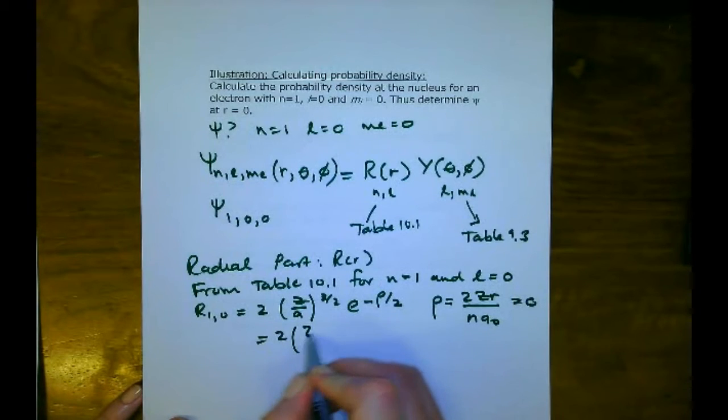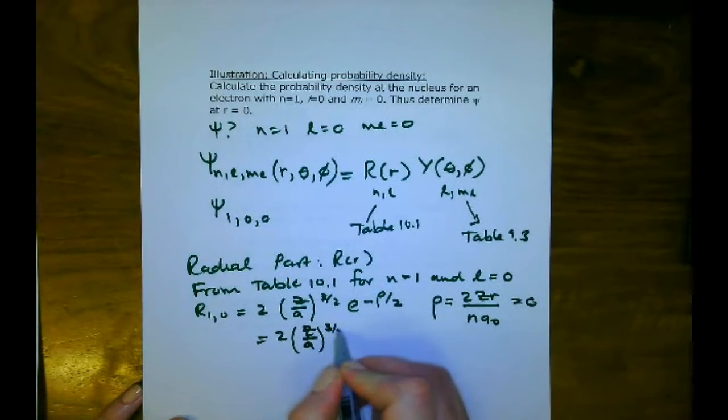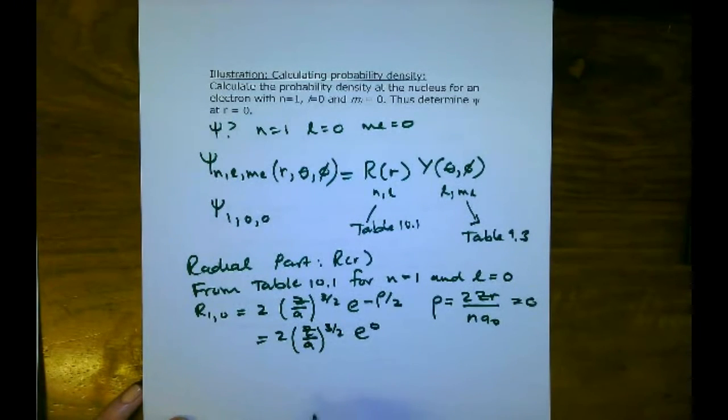So this is 2, which becomes 1. So that is our radial part.